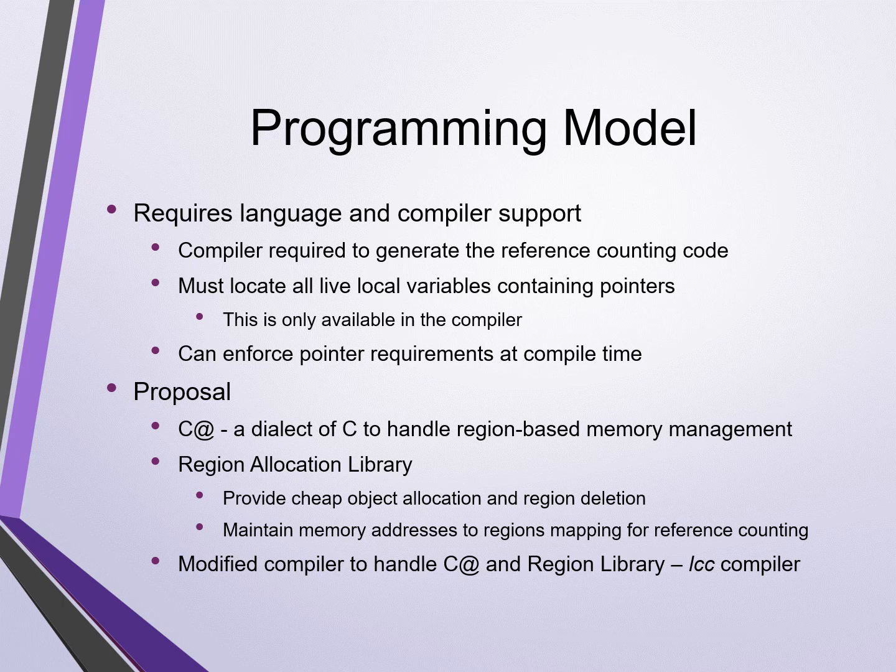The first being the compiler needs to generate the reference counting code, and the second, all live local variables containing pointers must be located. This information is only available in the compiler. Gay and Aiken modified their LCC compiler to handle C@ in the runtime library. By doing this, the requirements on pointers to objects in regions could be ensured during compilation.